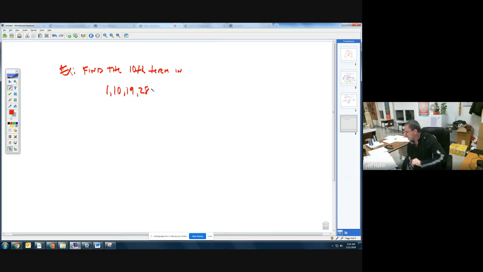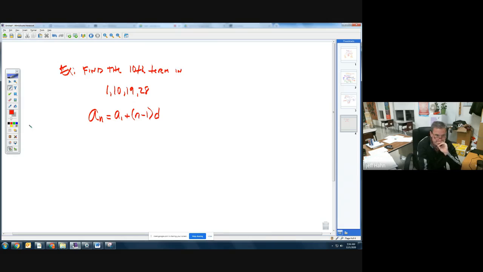So I'm going to start out by writing my little formula, and the formula was this: a sub n equals a sub 1 plus n minus 1 times the common difference.